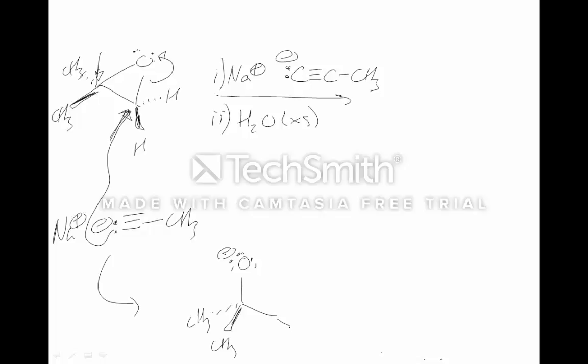Let me put this down here, I'm running out of room, just so you can see it's SN2-like. That's a straight bond. It's attacking from that face, it's popping open.